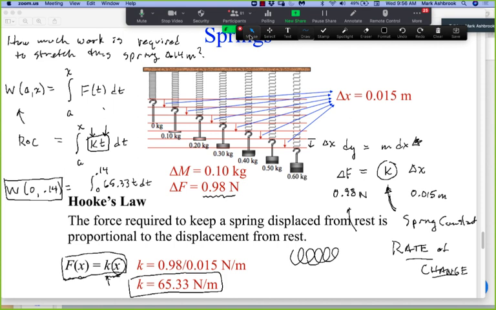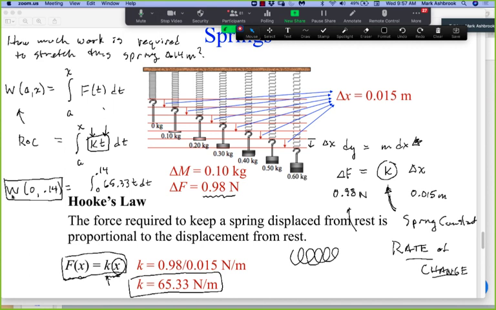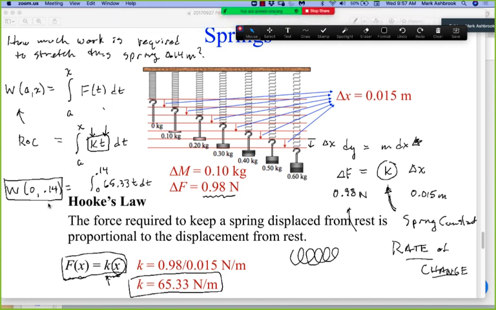For time's sake we won't, but basically, just like you've been doing over and over again, you're going to put in this net accumulation function with k being 65.33. And then you simply type in your function notation, W of 0.14, and that will give you the work to stretch the spring 0.14 meters.